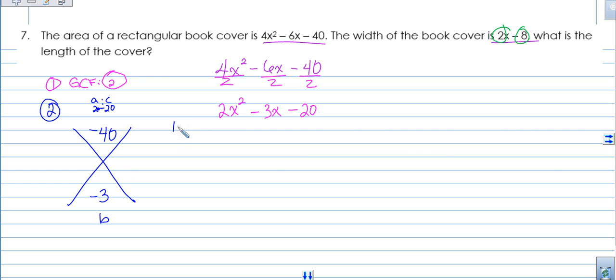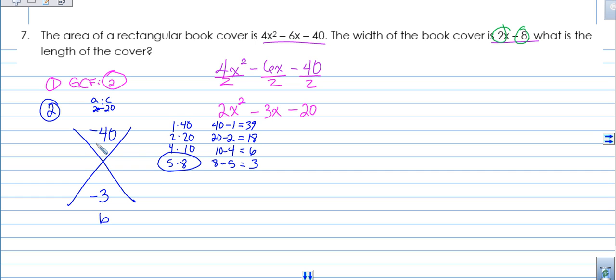So you got 1 times 40, 2 times 20, 3 doesn't work, 4 times 10, 5 times 8, okay? So you got 40 minus 1, which is 39, 20 minus 2, which is 18, 10 minus 4, which is 6, and 8 minus 5, which is 3. So it's got to be 8 and 5.